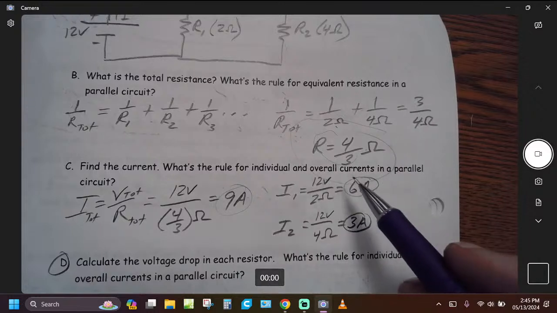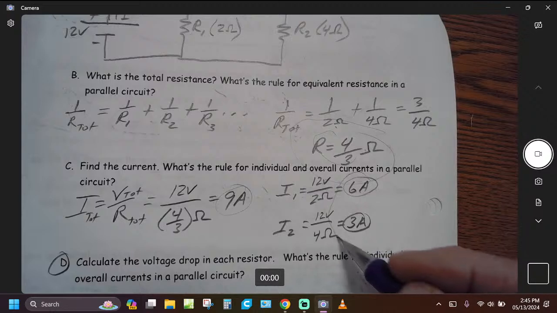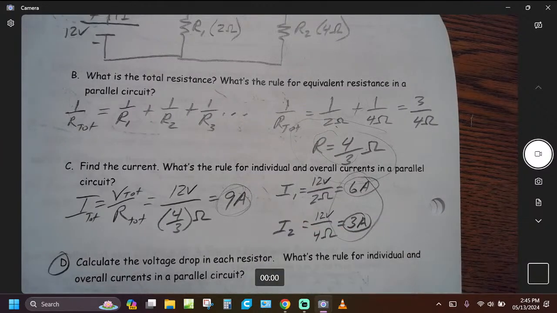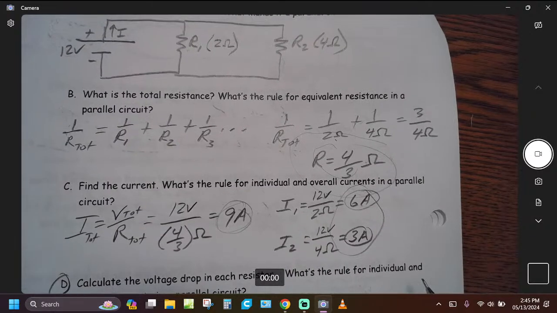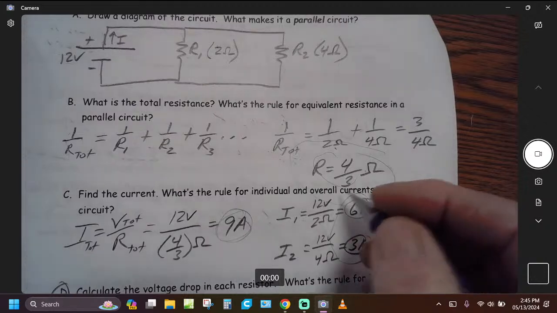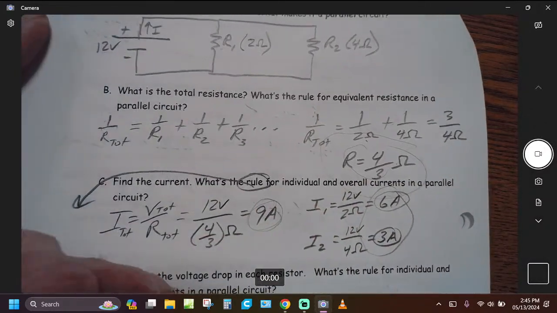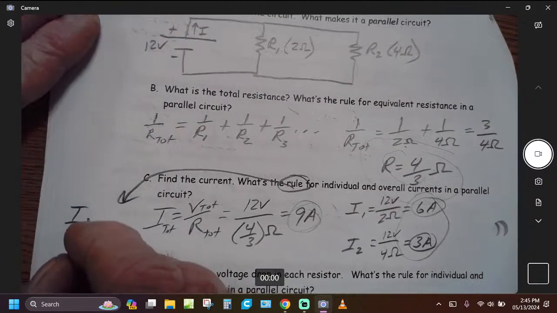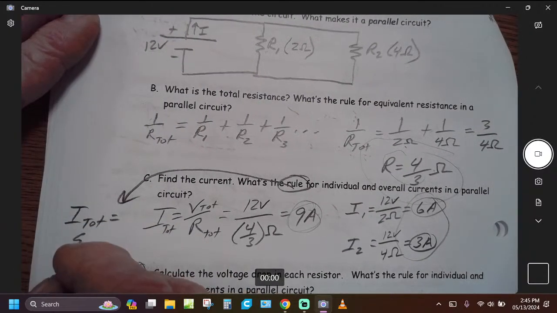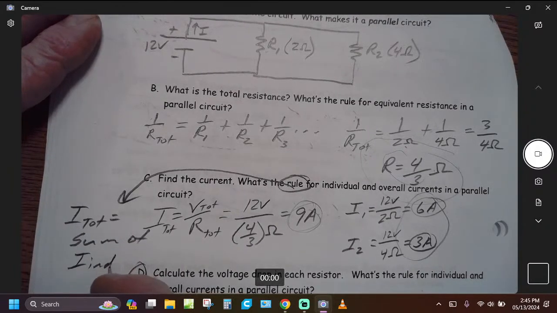So one of the rules for individual and overall currents in parallel, if you look at these individual currents and you look at the overall current, what's the comparison? Like, how do they relate? Are they the same or they add up? Yeah. So the rule is the I total equals the sum of I individual.